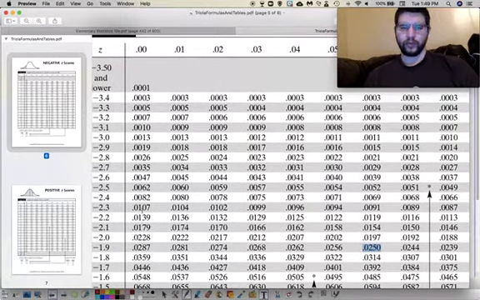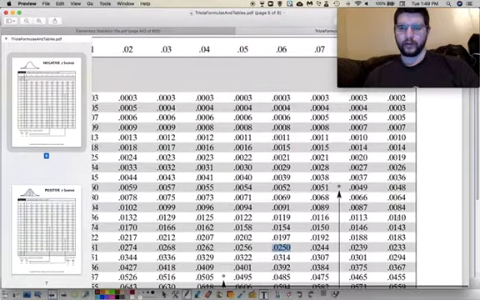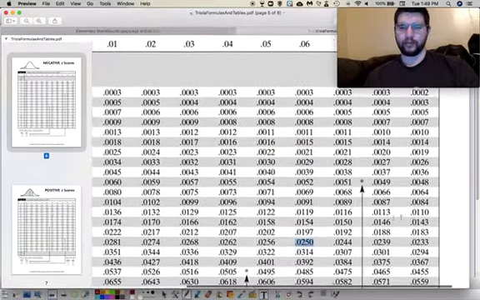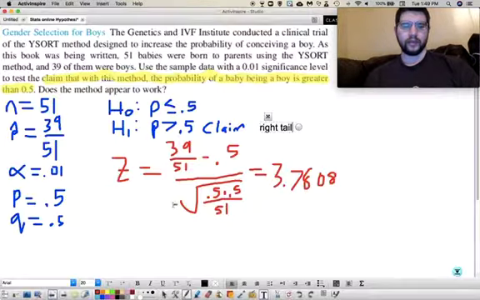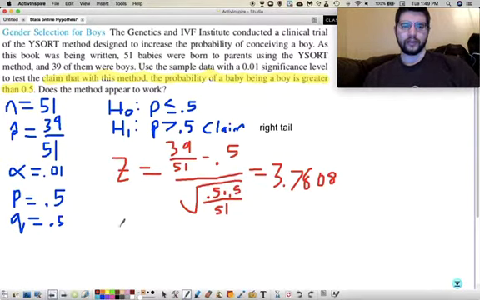Here's 0.0107. This one's slightly further away, so we're going to use this one, 2.30. We use the positive. So our critical value, I'll call it Z-crit, is 2.30.